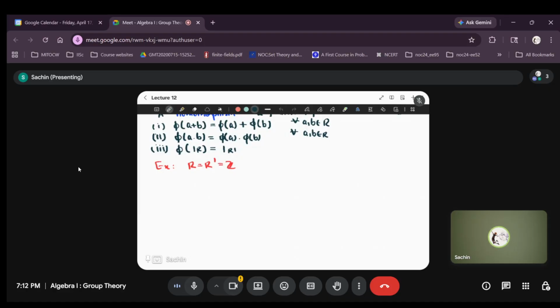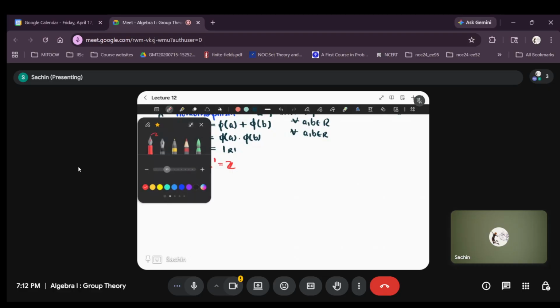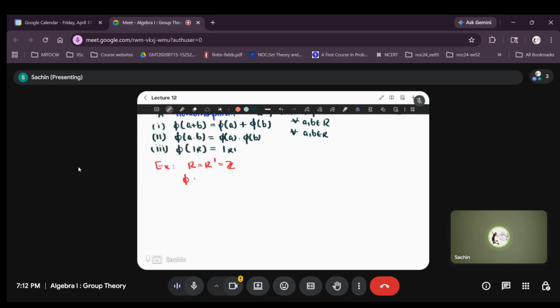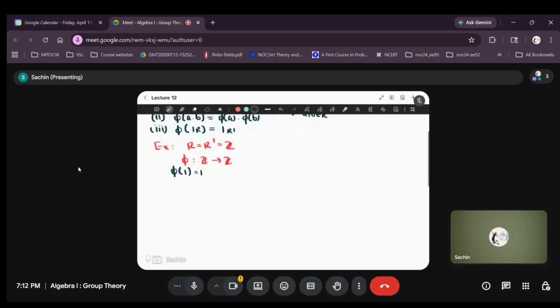Let phi be a ring homomorphism from Z to Z. We need phi of 1 to be equal to 1. Earlier, in group homomorphism, we had phi of a is equal to n a. We could pick any n and we would get a different thing.